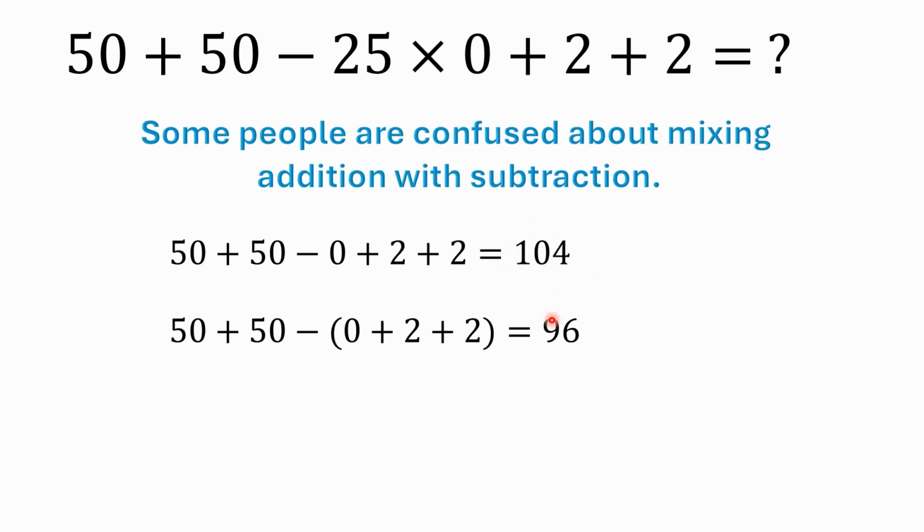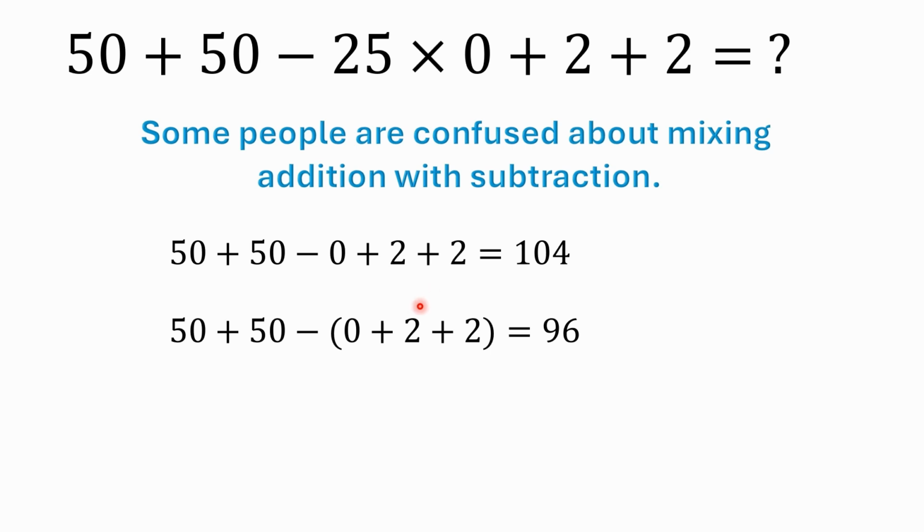Now, the people that are getting 96, the thing I don't think they're understanding is that somehow they're trying to apply this minus sign, this negative sign, not only to the 0, but to the 2 plus 2. And then I've heard people use this excuse that, well, PEMDAS says, so the last two things, it's addition, then subtraction.